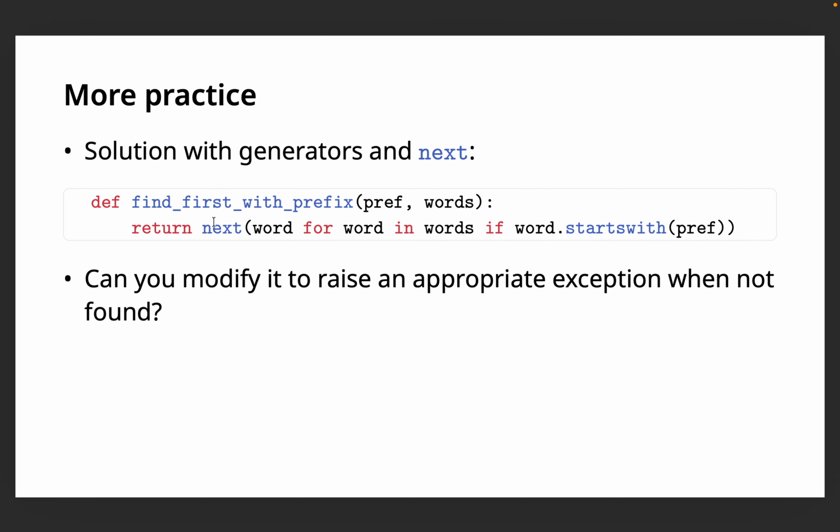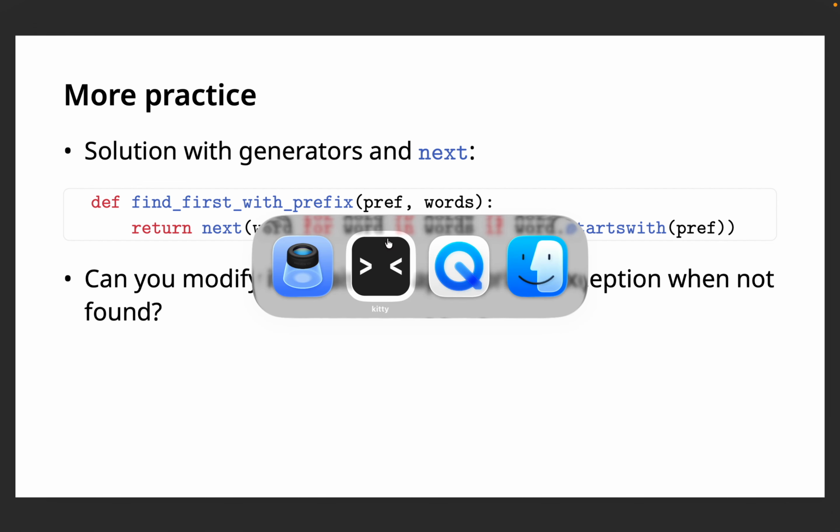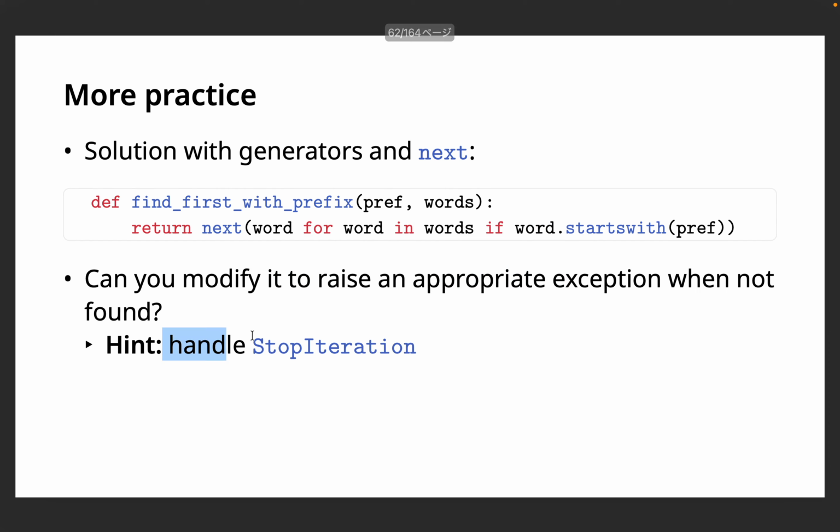Here, if you want to catch if none of the words contain that prefix, what you can do is handle the StopIteration. So the gist of it is, if none of the words here start with this prefix, then this generator is going to be empty. And if we call next on an empty generator, we know from the previous lecture that that will give us this error over here.